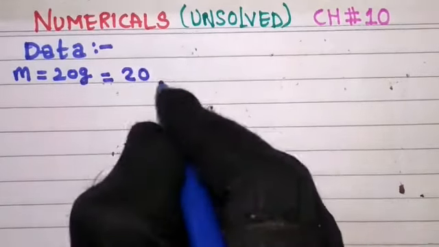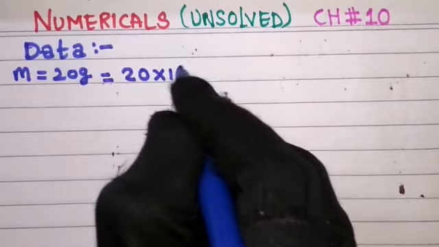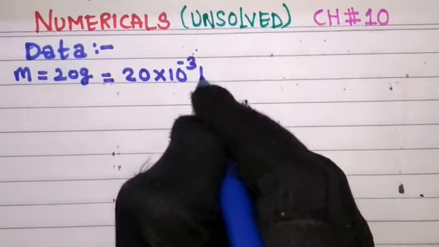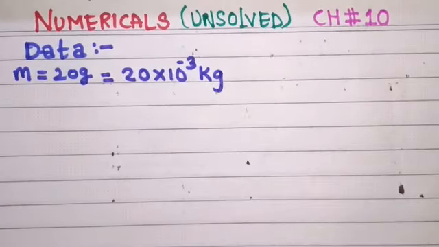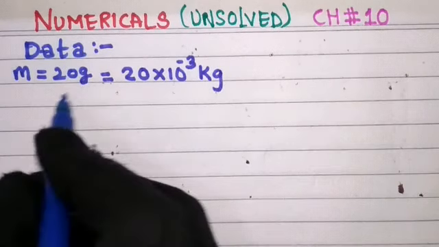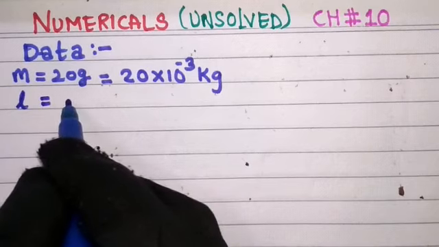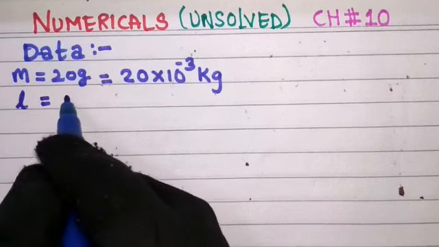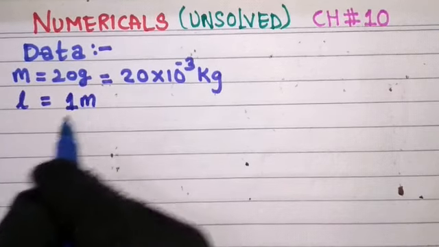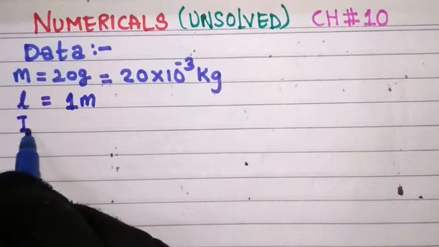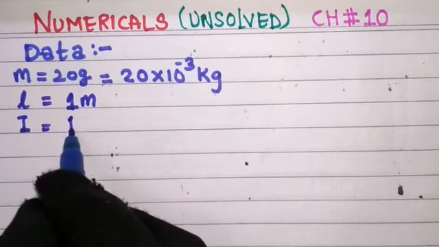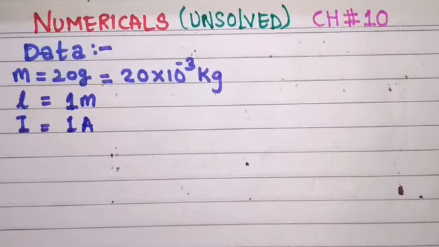So it will be 20 into 10 raised to minus 3 kilogram. Then we have been given the length, that is L is given as 1 meter. Then we have been given I, that is the current of 1 ampere.